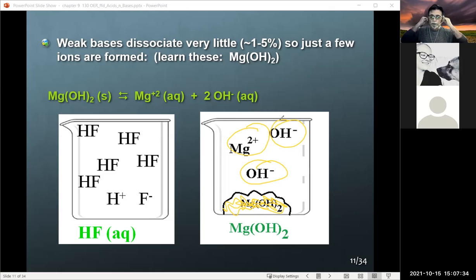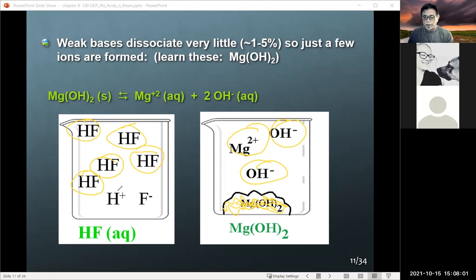Okay, so how do we show these graphically as far as weak bases and weak acids? Well, if you look at the beaker on the left side, the HF, which we define as being a weak acid, is shown still combined.